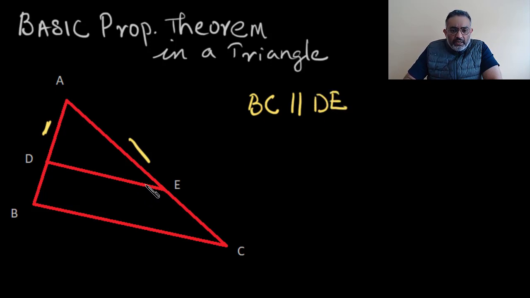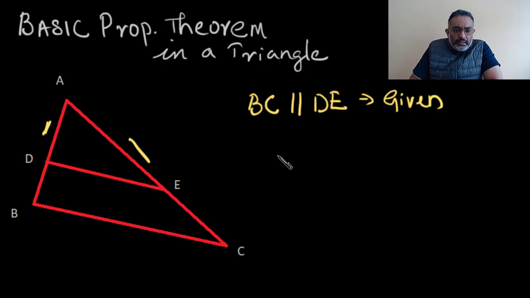Now, if this is the given premise, then the theorem states that this side AB and side AC are divided proportionally. How do we show that proportion in a mathematical way?